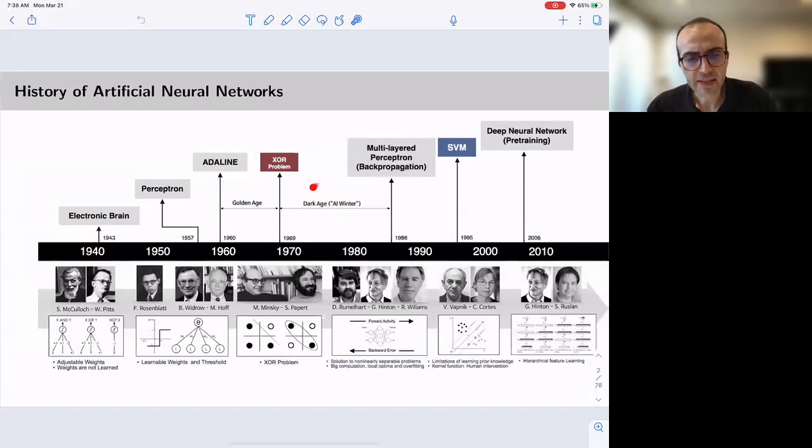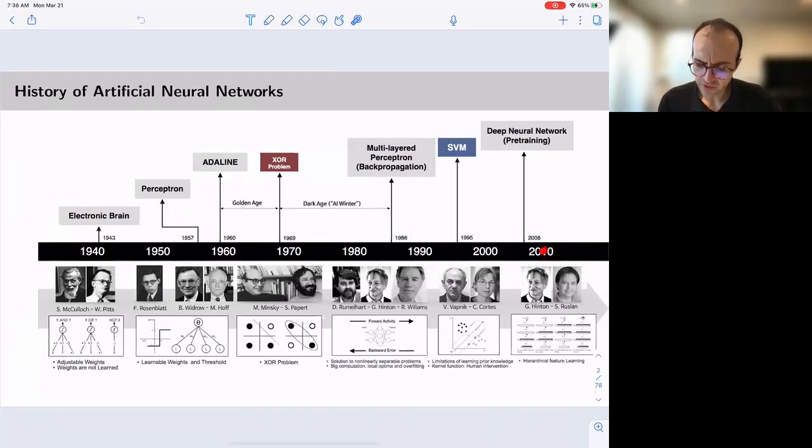And from the theory side, they were also convinced that two-layer networks will fit any function. They are universal approximators, but they will be quite hard to train, and they were quite discouraged. When I first learned about neural networks in the early 2000s, neural networks were quite unpopular. In fact, convex optimization, compressed sensing, L1 regularization methods, they were more popular than neural networks.